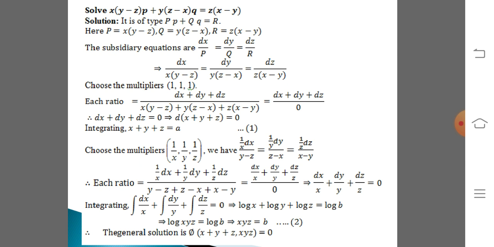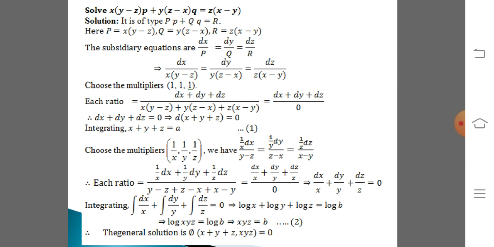Similarly, you choose another set of multipliers, namely 1 by x, 1 by y, 1 by z. Then each ratio in the auxiliary equation will be equal to 1 by x dx plus 1 by y dy plus 1 by z dz by 1 by x into y minus z, which is nothing but y minus z.